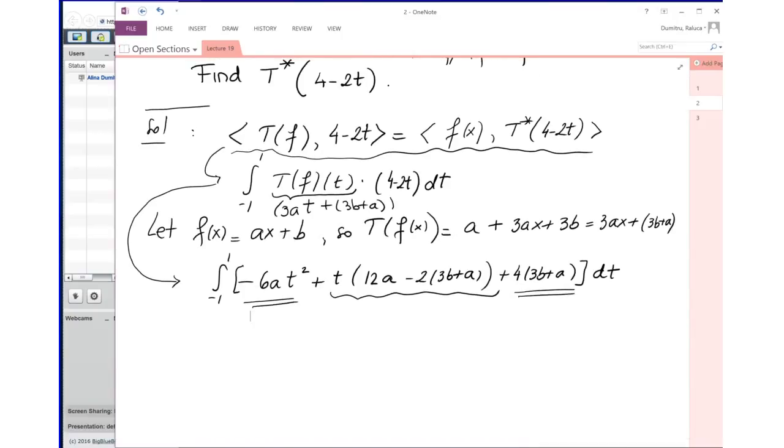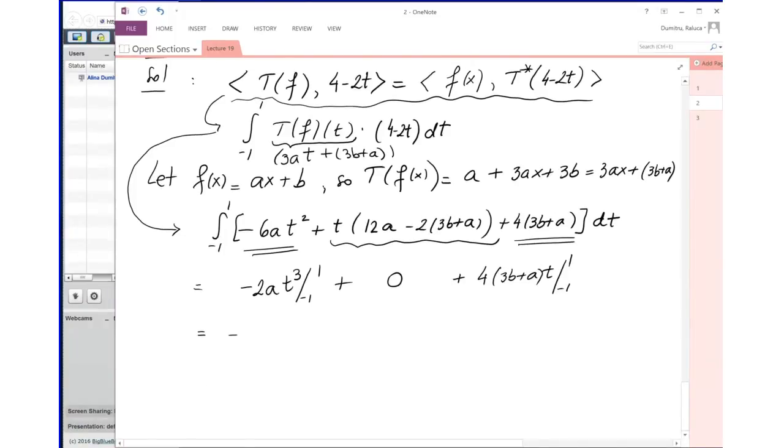So the first one is what? -2a t cubed, evaluated from -1 to 1. Again, the second part we said it's 0. And the third part is 4 times 3b plus a times t from -1 to 1. So -2a times what?